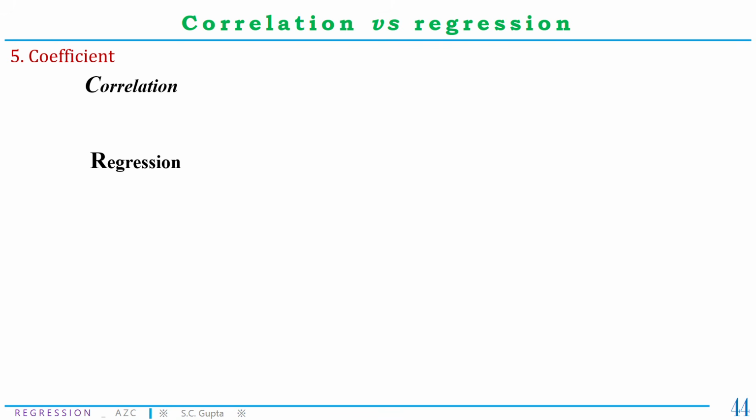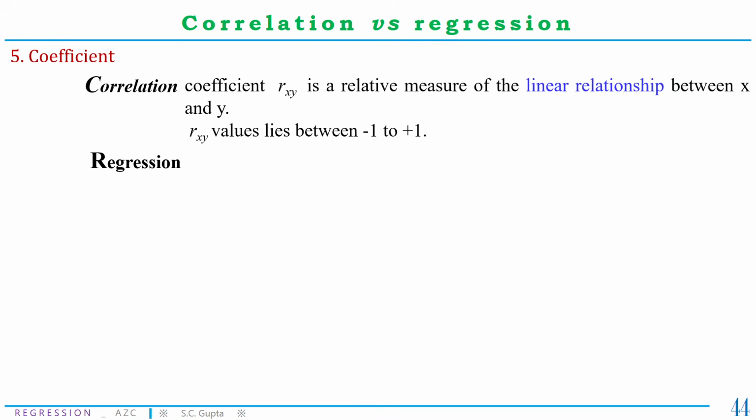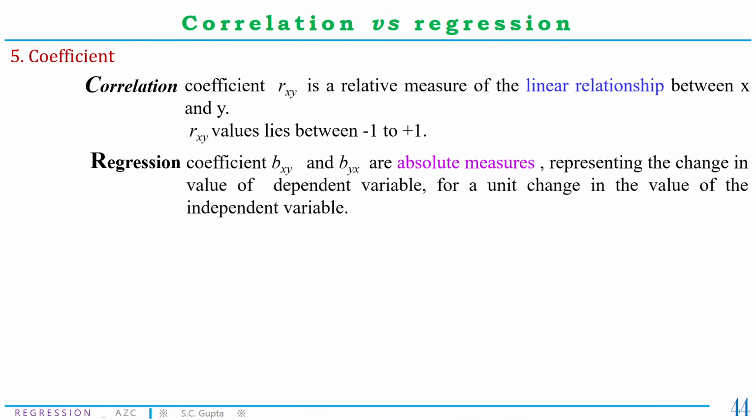Correlation coefficient r xy is a relative measure of the linear relationship between x and y. The r xy value lies between -1 to +1, while in regression analysis, coefficients bxy and byx are absolute measures, representing the change in value of the dependent variable for a unit change in the value of the independent variable.